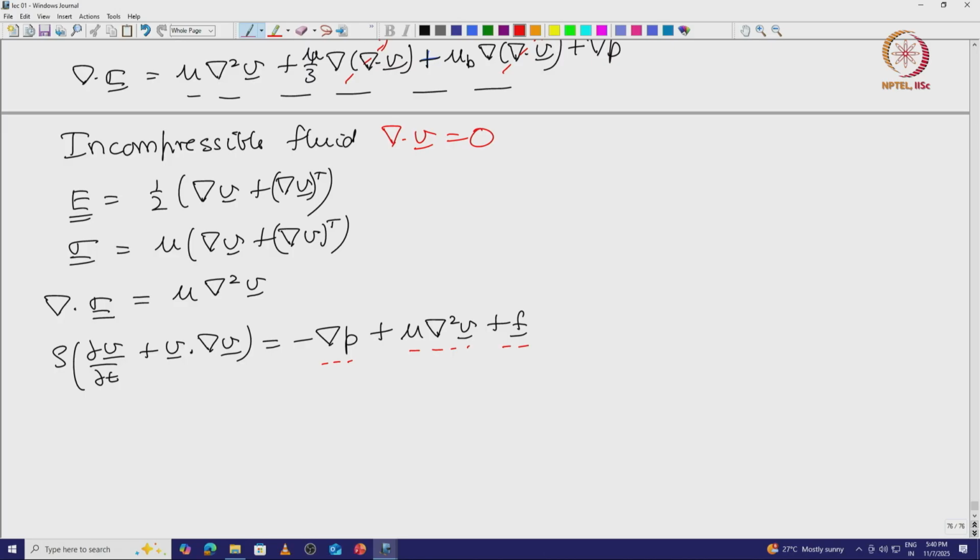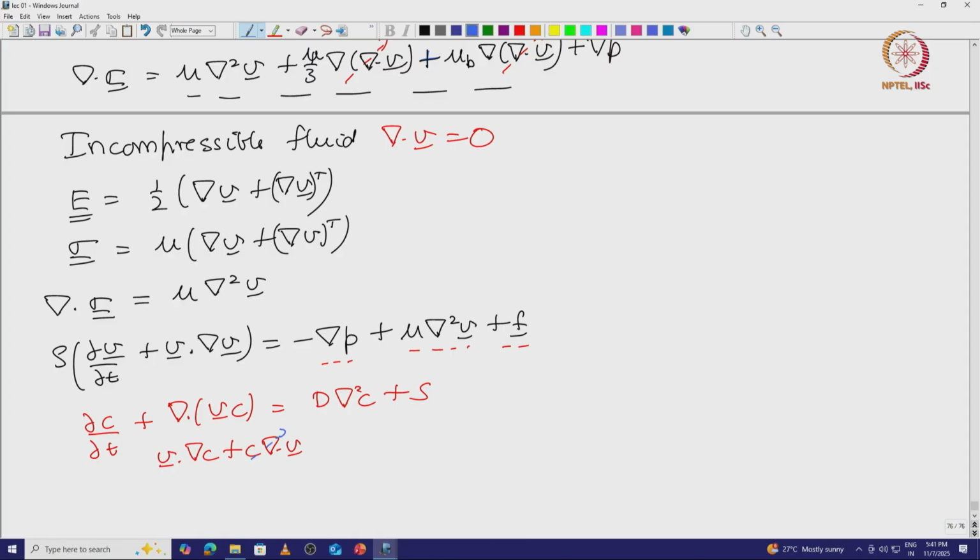Comparing with the mass conservation equation, partial C by partial T plus grad of Vc is equal to d del square C plus the source. For an incompressible fluid, you can write this as V dot grad c plus c divergence of the velocity, and this divergence of the velocity is equal to 0.